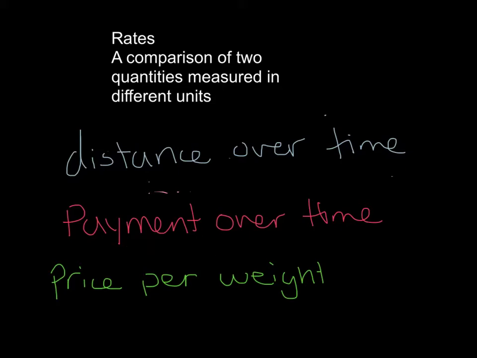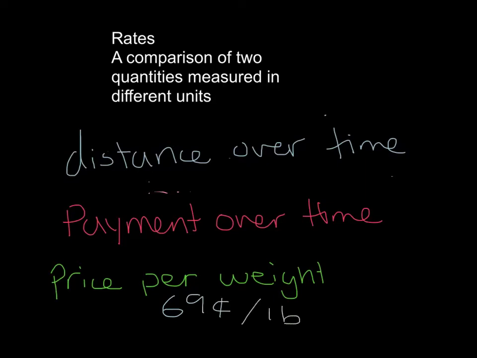The last one is when we go grocery shopping, and that's price over weight, so how much does something cost over how much it weighs. It depends on what you're purchasing and how much it weighs. Let's say I buy apples and the price is 69 cents by the pound.